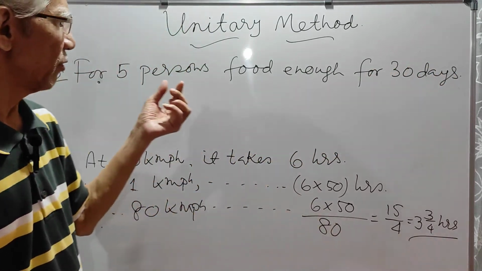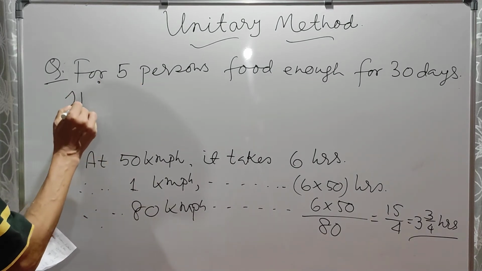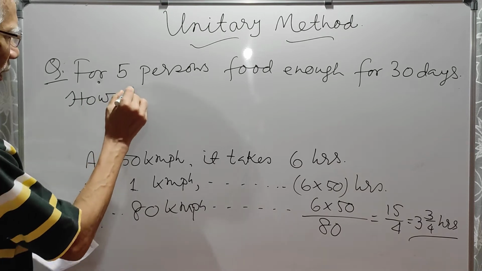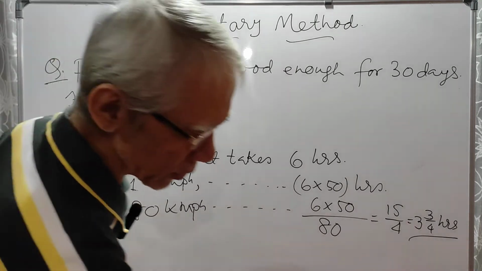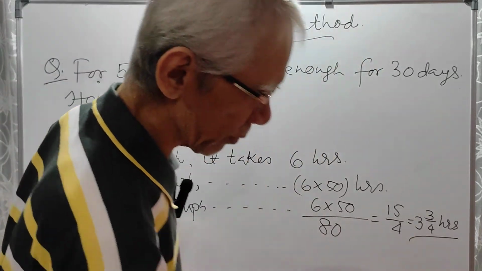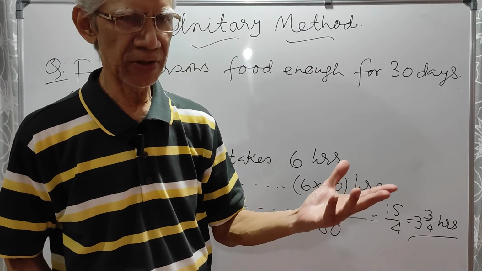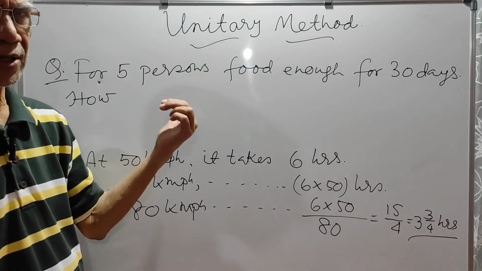For how many members in the family? 5. Okay. Now the question is, how many days will this food last if the number of persons increases? Suppose 3 more persons come to your house as guests. So the total number of persons will be 5 plus 3, 8.